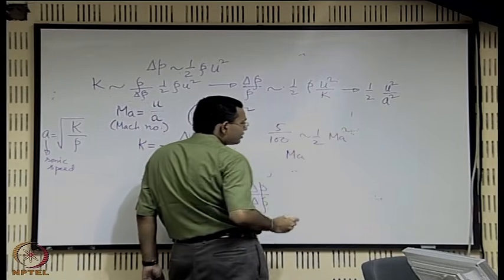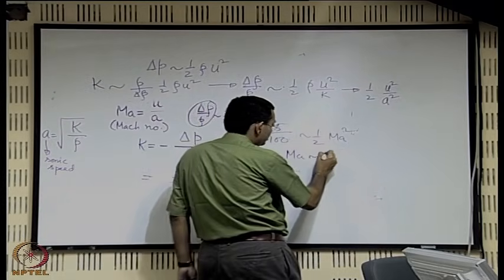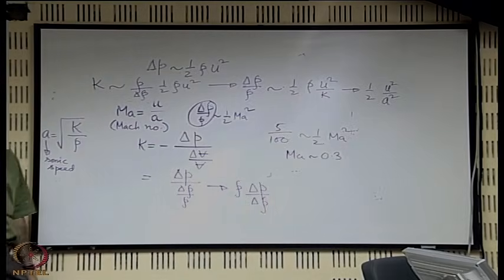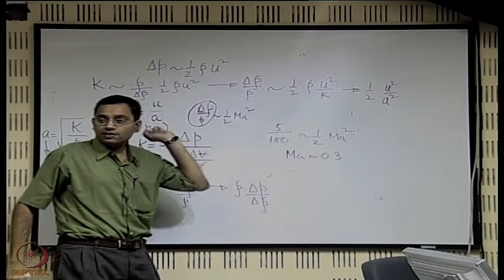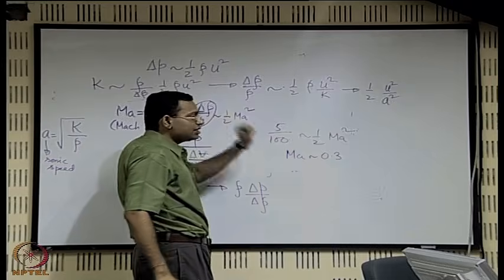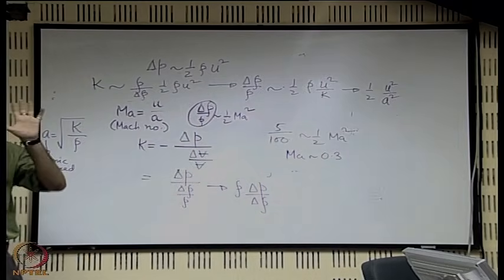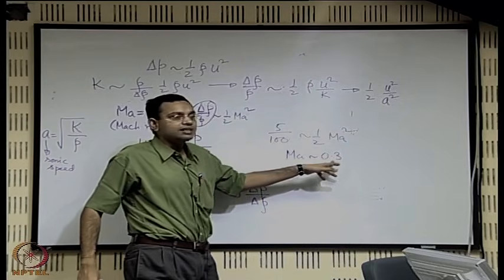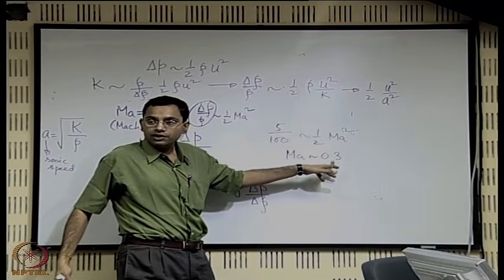So what would be the threshold Mach number for this? Roughly 0.3, right? So 0.33 or whatever, but roughly 0.3. That means if we say that a relative density change less than 5% is something which we do not consider as a compressibility effect, that implicitly means that a Mach number less than 0.3 is not going to give us any serious compressibility effect.